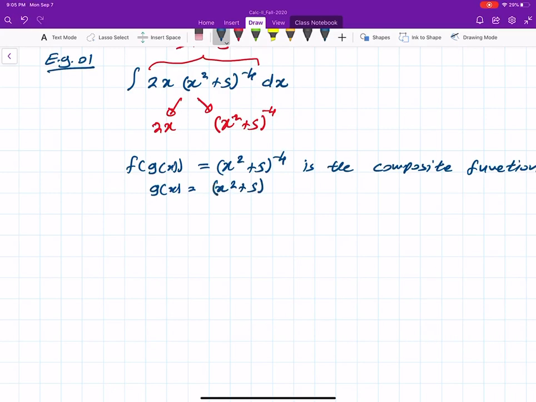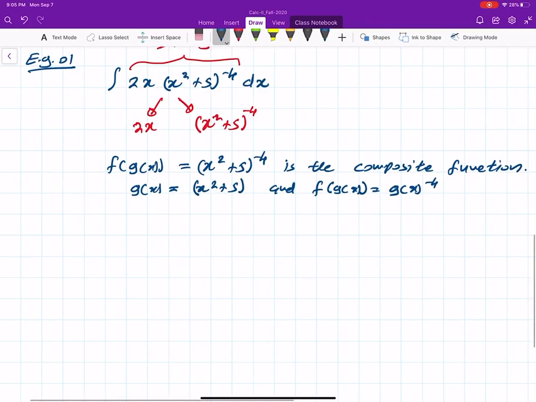The outer function is g of x to the power minus 4, and f of g of x equals g of x to the power minus 4. That's how the composite function works here.